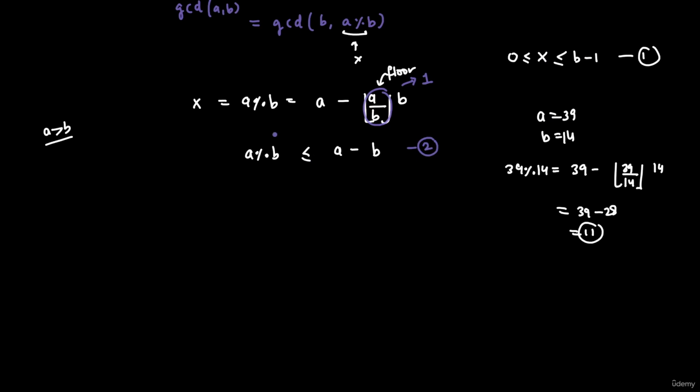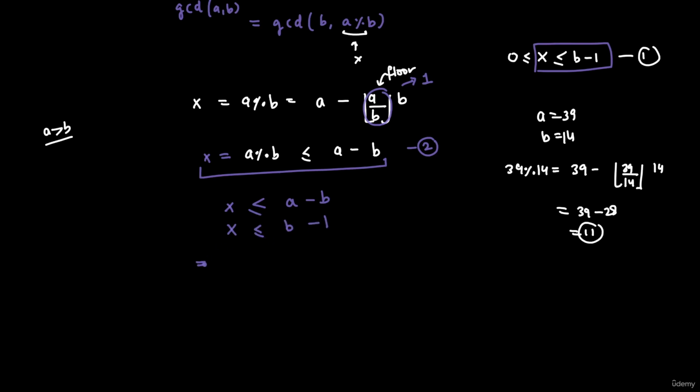From equation 1 and equation 2, what we can say is that x is less than or equal to b minus 1, and x is also less than or equal to a minus b.